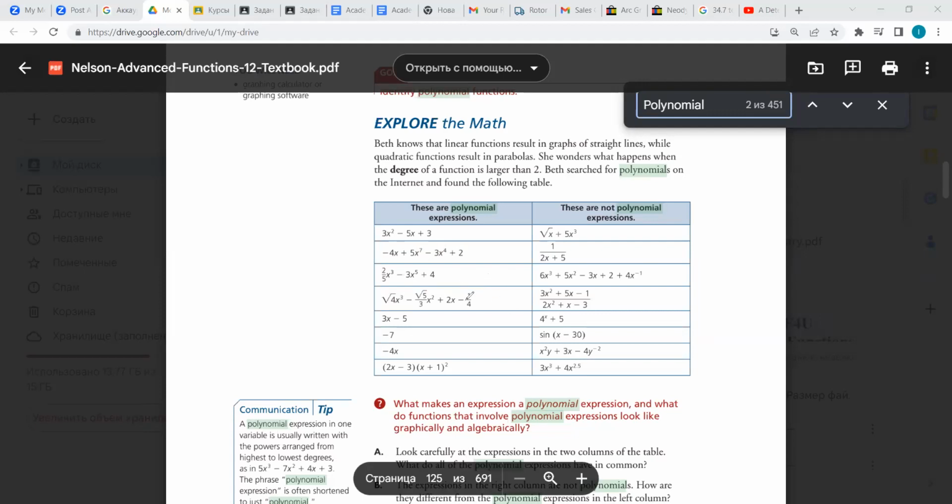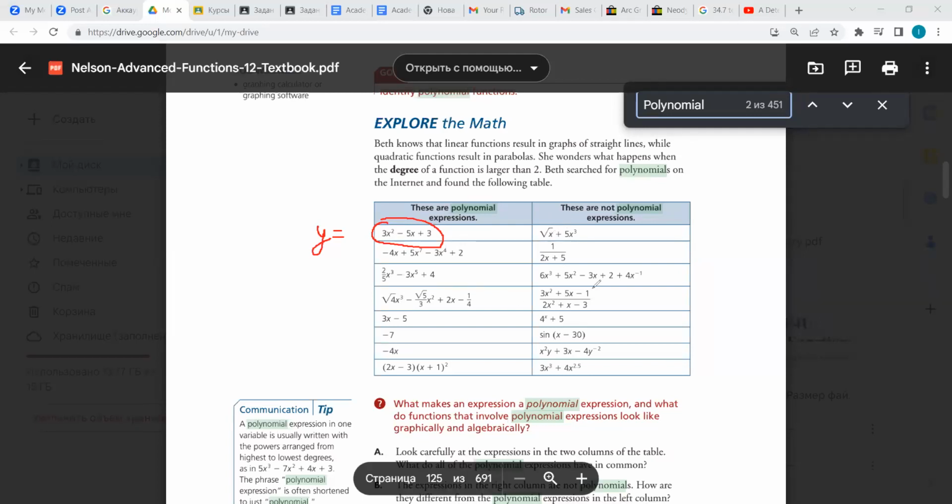Secondly, talking about polynomial functions, we have to distinguish that a polynomial function is possible when it shows a regular functional dependence, where we have one dependent variable and one independent variable. So, for example, on the right-hand side of the equality sign in a polynomial expression, you're supposed to have only one variable.